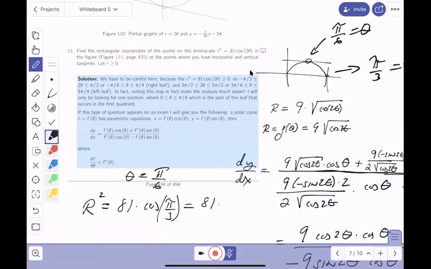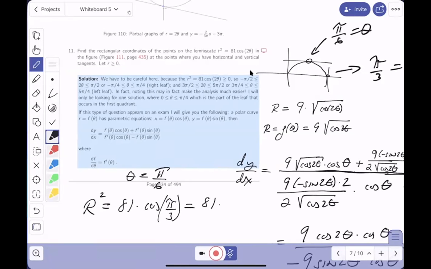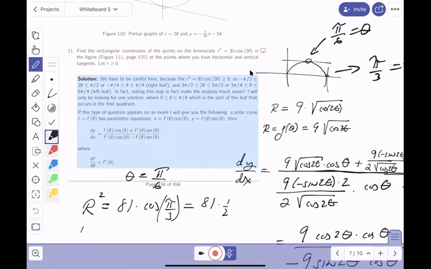And I can make sure I'm doing that right, pi over 3. That's 60 degrees, that's 1/2. So R here, I'm just doing the first quadrant, is going to be 9 over root 2.